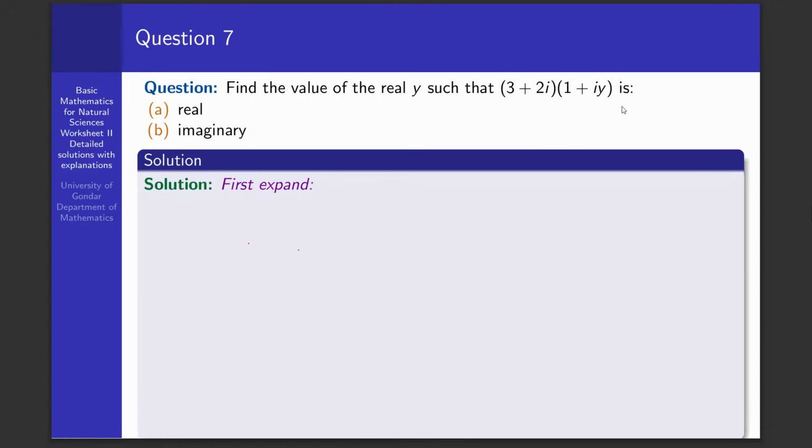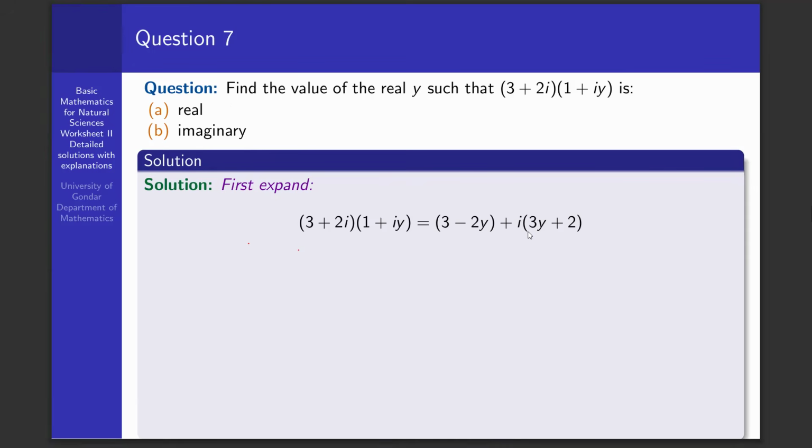So when we expand this one, we have (3 minus 2y) plus i multiplied by (3y plus 2). This is the real part, and this one is the imaginary part of the simplified product of these two complex numbers. Therefore, in the first case, we are asked to determine the possible value of y which can make this complex number real.